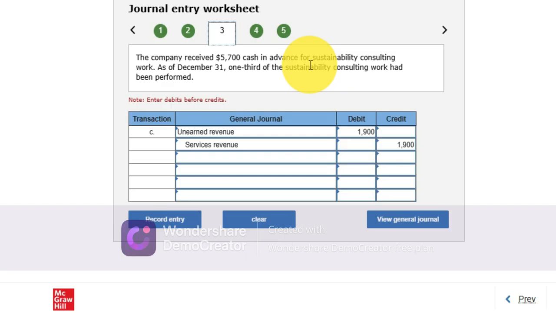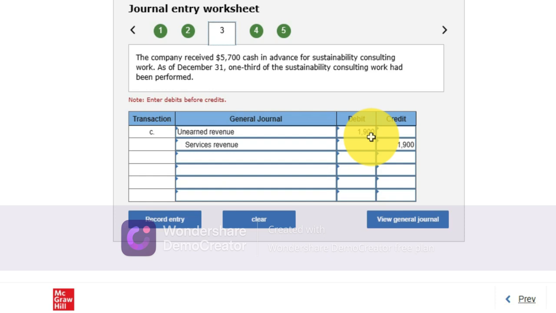So we do the math: 5,700 times one third gives 1,900.